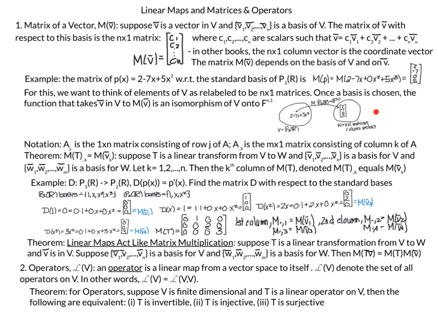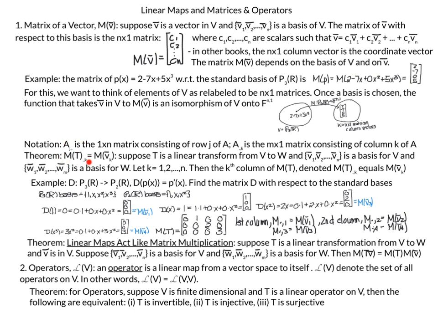And we have this picture to remind us that in this example, our mapping takes a vector in P3, which is dimension 4, and maps it to a vector of R⁴. We talked about how we can link this definition of matrix of a vector, when we have basis vectors, to the matrix that represents a transformation.